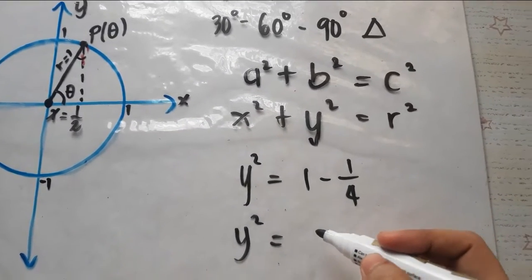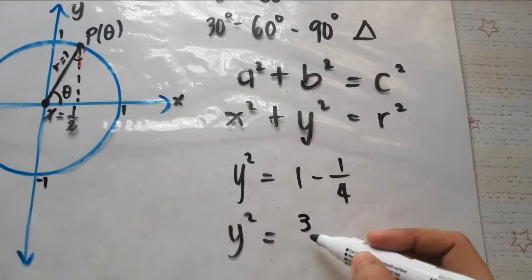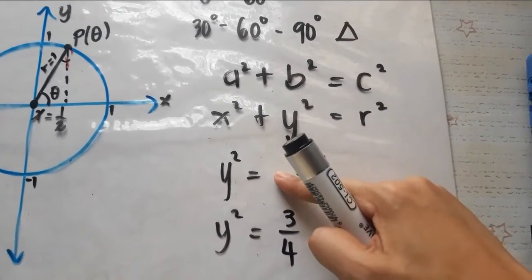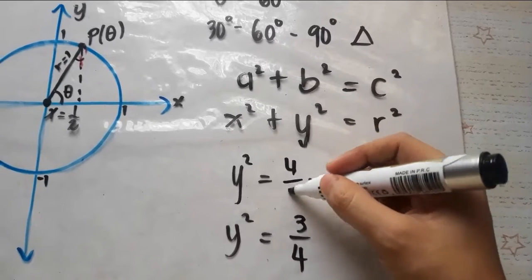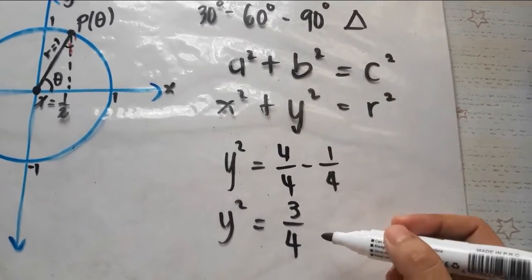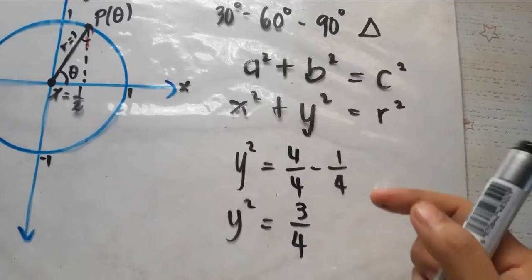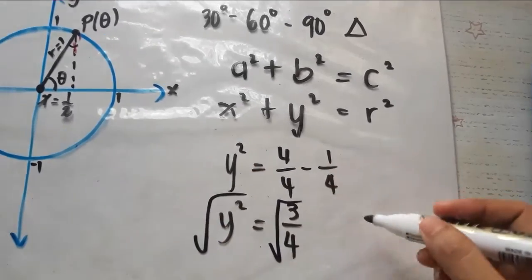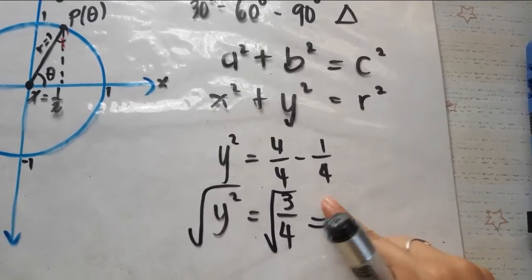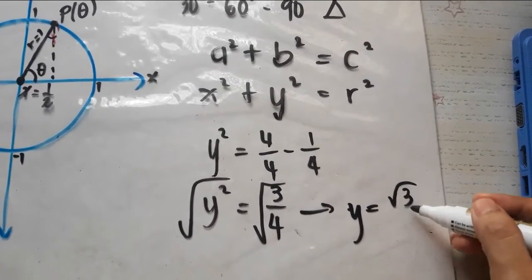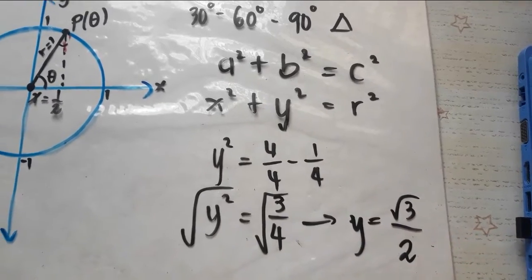Alright, so 1 minus 1/4 is equal to 3/4, because a while ago we've already solved this. We have actually 4 over 4 minus 1/4. So we have to extract the square root for both sides. That is y equals square root of 3 over square root of 4, which is 2.